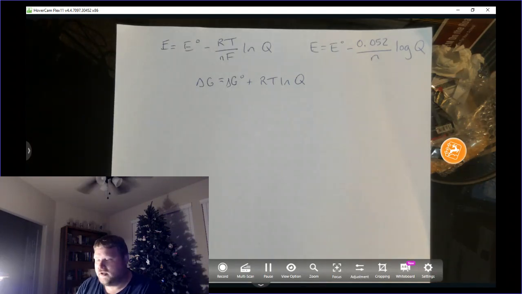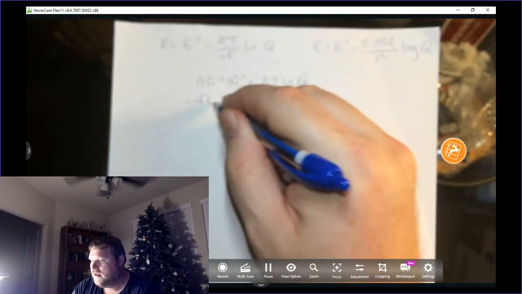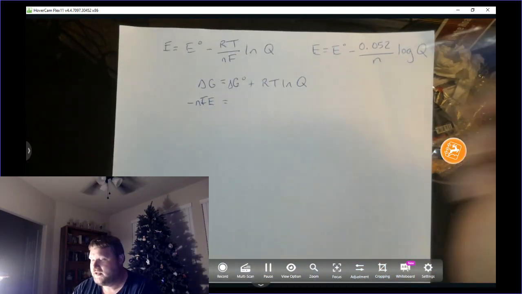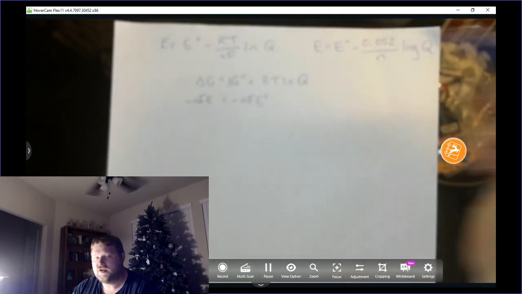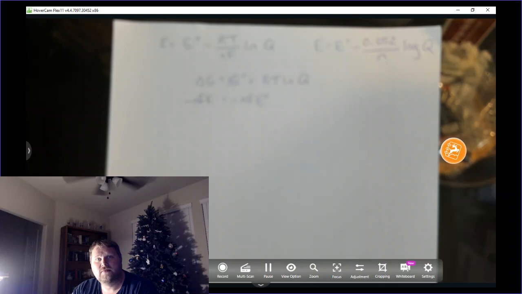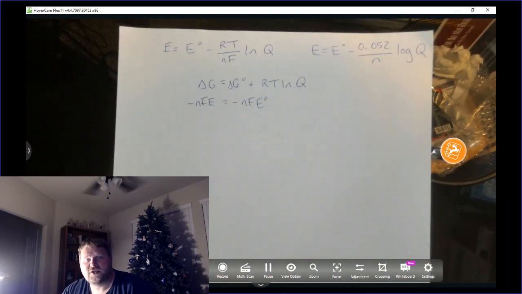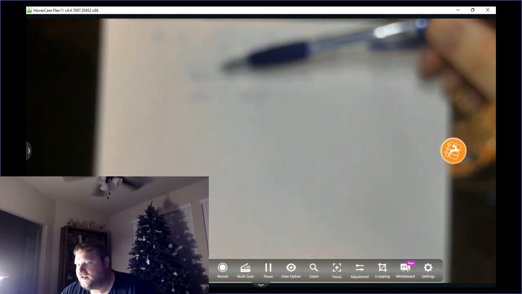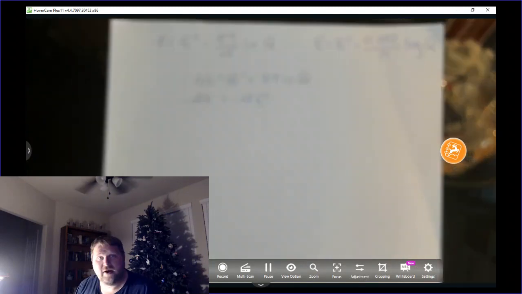And so now into this equation, we're going to plug in negative Niffy for each of my delta G's. This one right here is negative Niffy standard. So just notice that non-standard delta G is we're going to use our non-standard cell potential E, and standard G's, and we're going to use standard E.